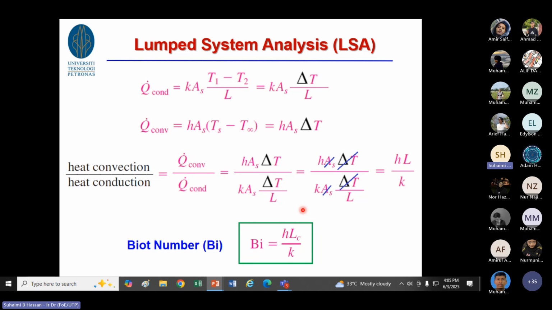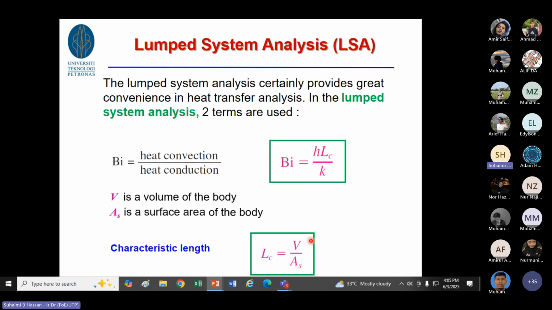Bi is the Biot number. The lump system analysis provides great convenience in heat transfer, using the Biot number, hLc over k.